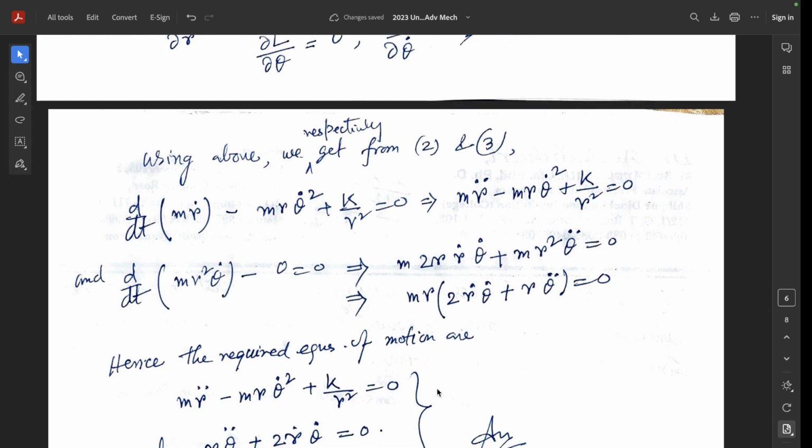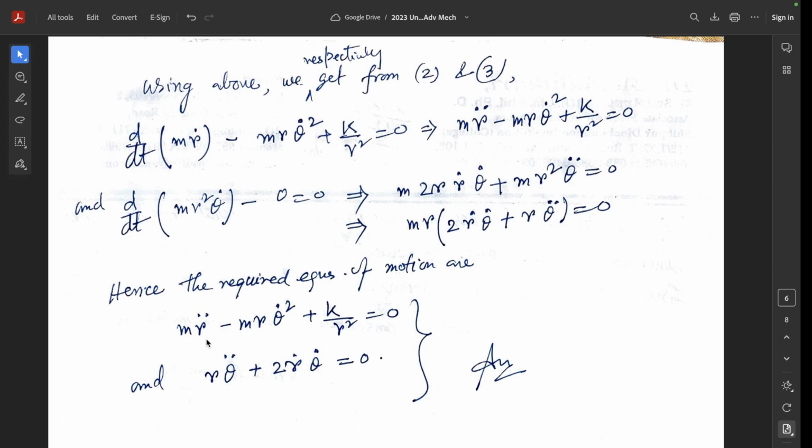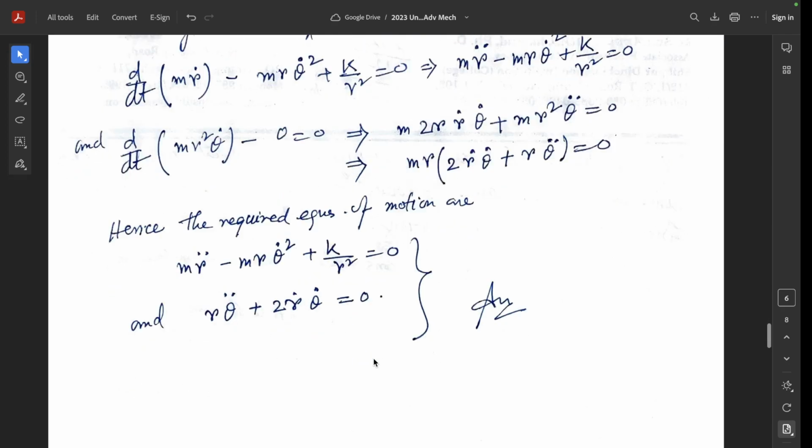Hence, the required equations of motion are m r double dot minus m r theta dot square plus k by r square equal to 0 and r theta double dot plus 2 r dot theta dot equal to 0.